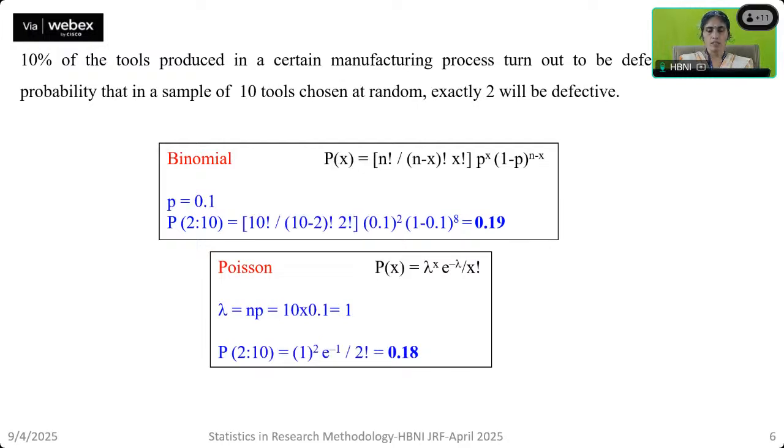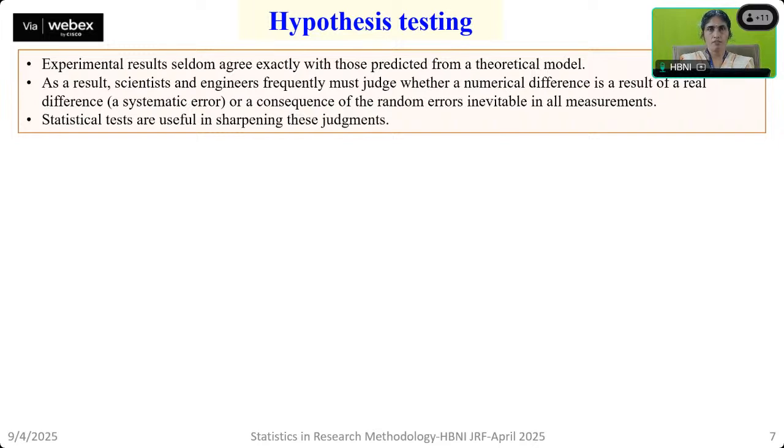This is because there are certain limiting conditions for each of these functions. Binomial is a general one. It follows that whenever we do repeated measurements, experimental results are not found to be exactly matching the predicted ones. They seldom agree with the predicted theoretical models.